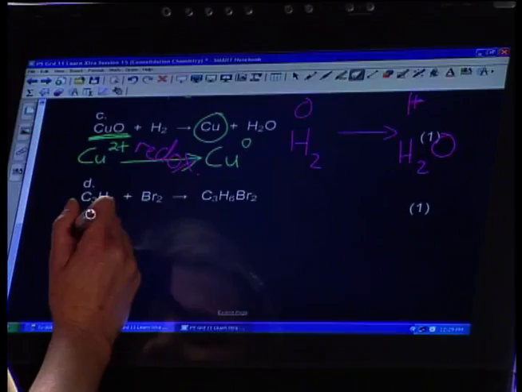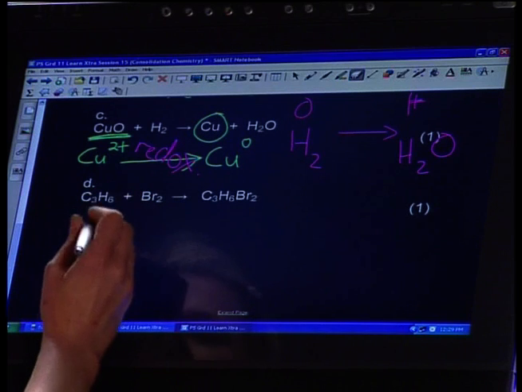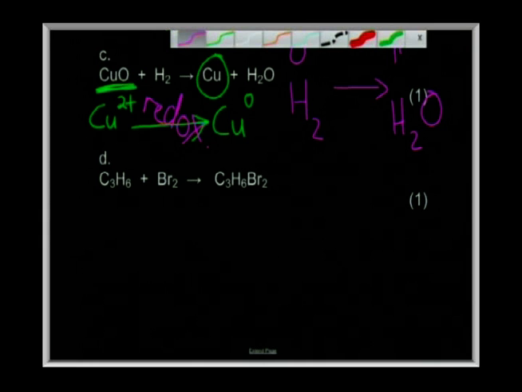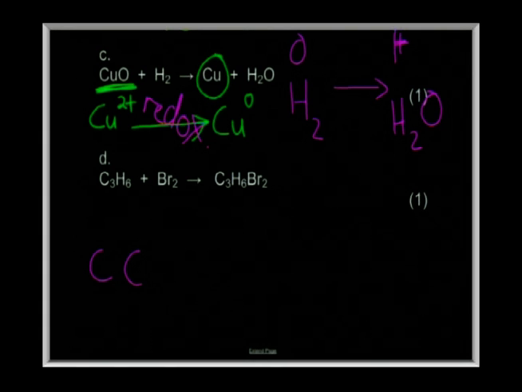So because it's so much fun, let's draw out this reaction properly. I'm going to draw C3H6. C3H6 is a compound called propene. It contains 3 carbons. Right, now it'll have to contain a double bond.